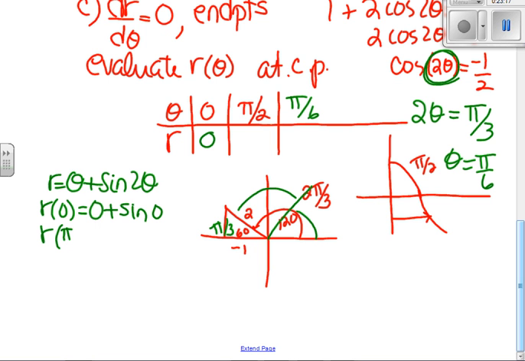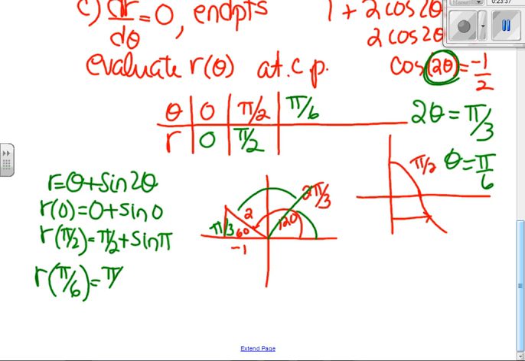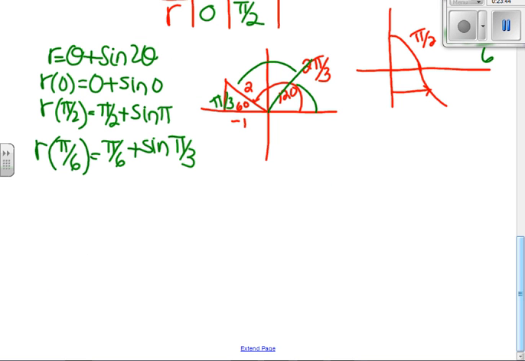R of pi over 2, I like to do the endpoints because they're usually nice, is pi over 2 plus the sine of 2 times pi over 2, the sine of pi, so that's just pi over 2. And again, you could just use your calculator, but to me it's faster just to do it. Pi over 6 is pi over 6 plus the sine of pi over 3, because I have to double that. And the sine of pi over 3 is the sine of 60 degrees, which is the square root of 3 over 2.